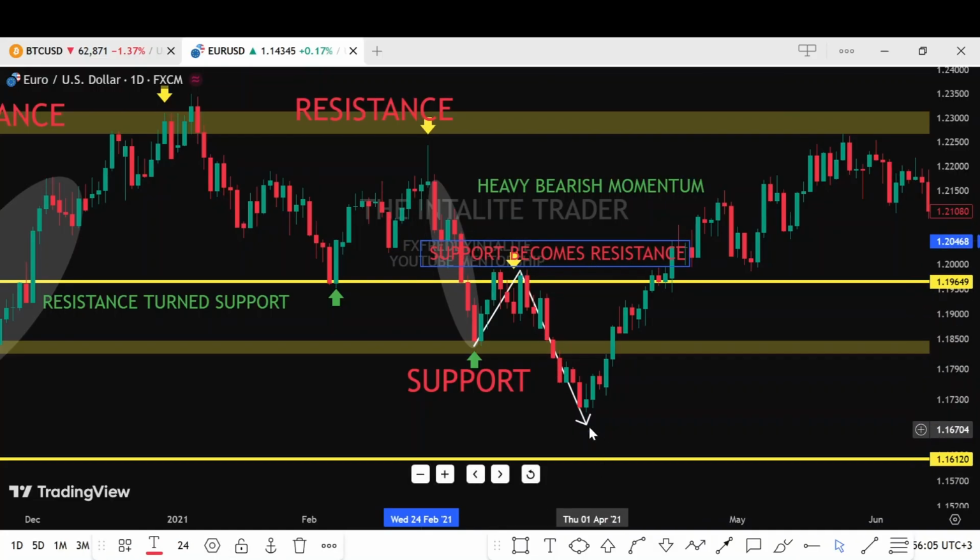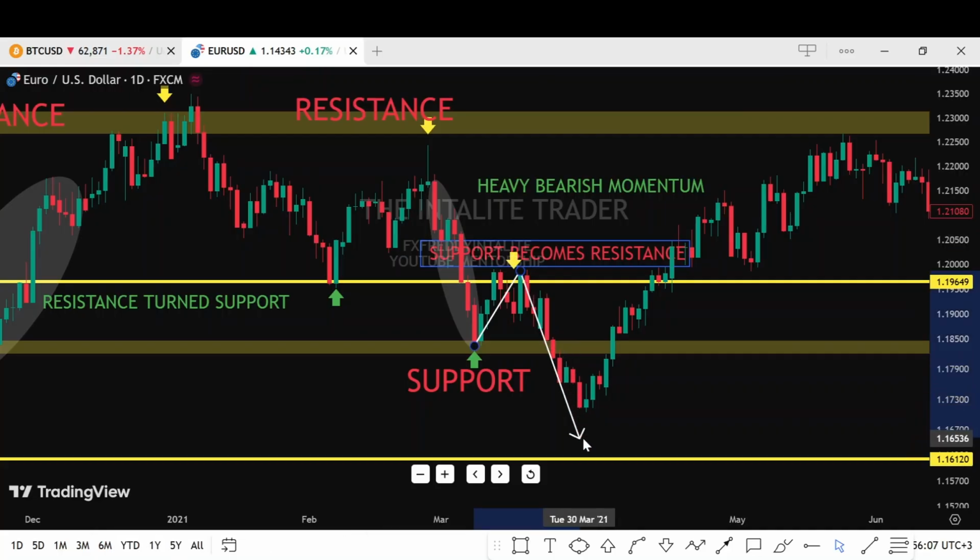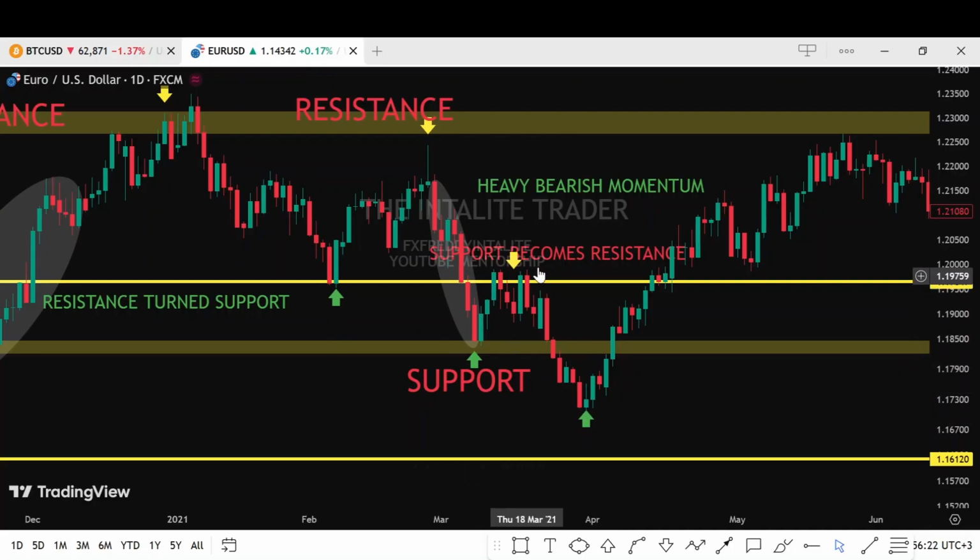And we see price trades lower here. Then the same price comes and finds support here, I mean resistance. This one, this was resistance. So when it comes here, this becomes support.